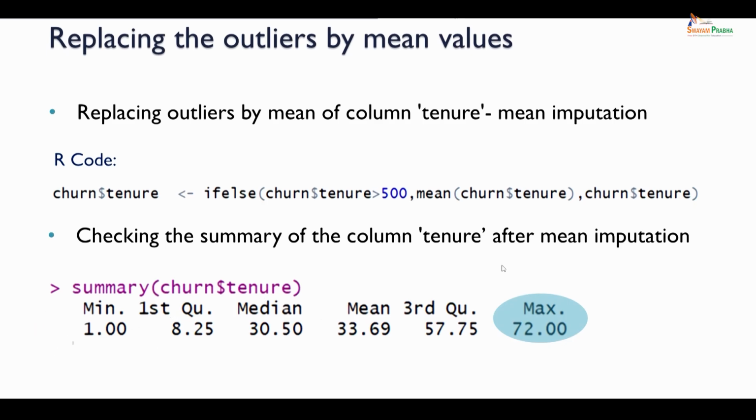You can see that the minimum, first quartile, and median remain the same, but your maximum value is about 72.00, which has come down from 1000 and odd to 72.00 after replacing with the mean value of tenure. So, this is how you detect the outliers, and you can replace them with the mean or median value, anything you can use. For illustration purposes, I have used the mean value here.